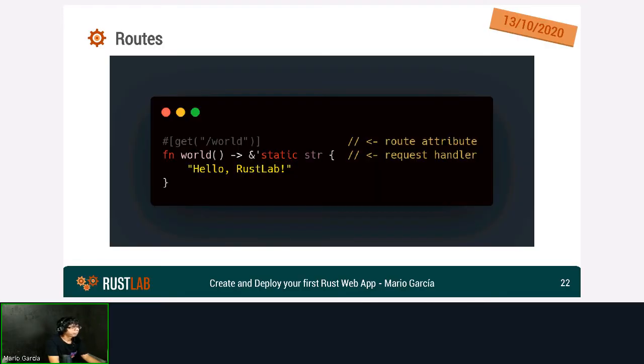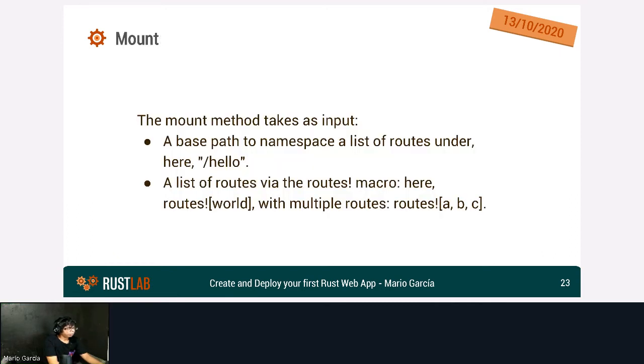Okay, so the mount method takes as input two values, the base path that could be root or could be hello, like the example that we saw before, and a list of routes via the routes macro.